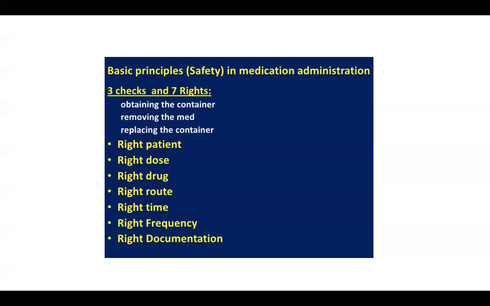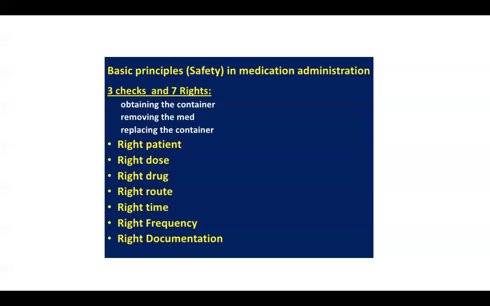So the 3 checks basically refer to you checking the medication against the order 3 times. That means when you pull the container out of the cart, you're going to check the container and make sure that the dose and the amount and the name of the medication matches what's on your MAR or your order.